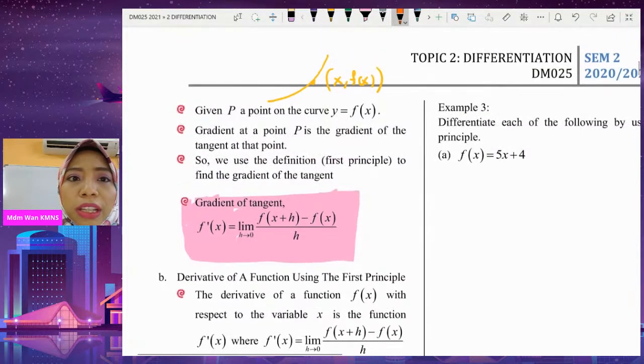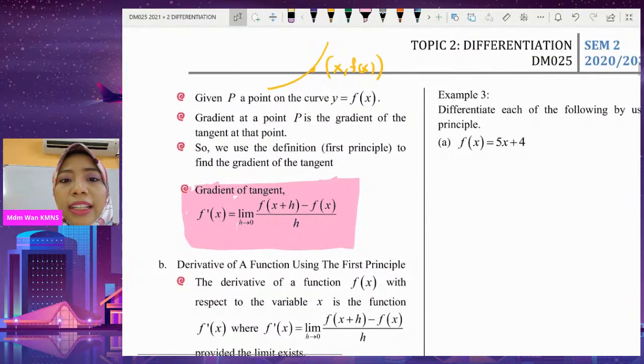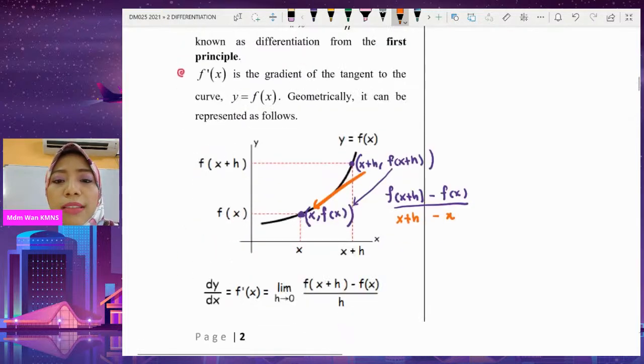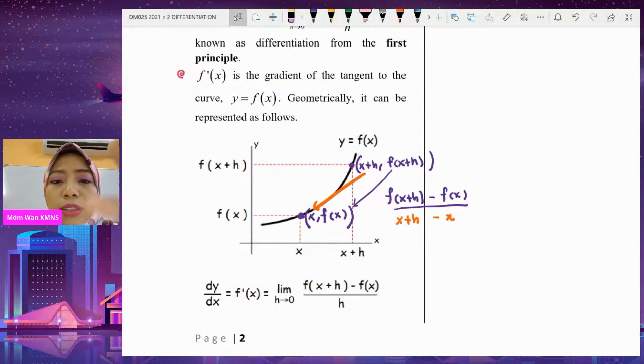Since this is actually meant to be at a point, at a very small point, what if we zoom in and enlarge it, it becomes like this. So what we say is the limit as h approaches 0. What does this h mean? h is the difference. So we want to find when the difference is quite small, the value approaching 0, almost nothing.